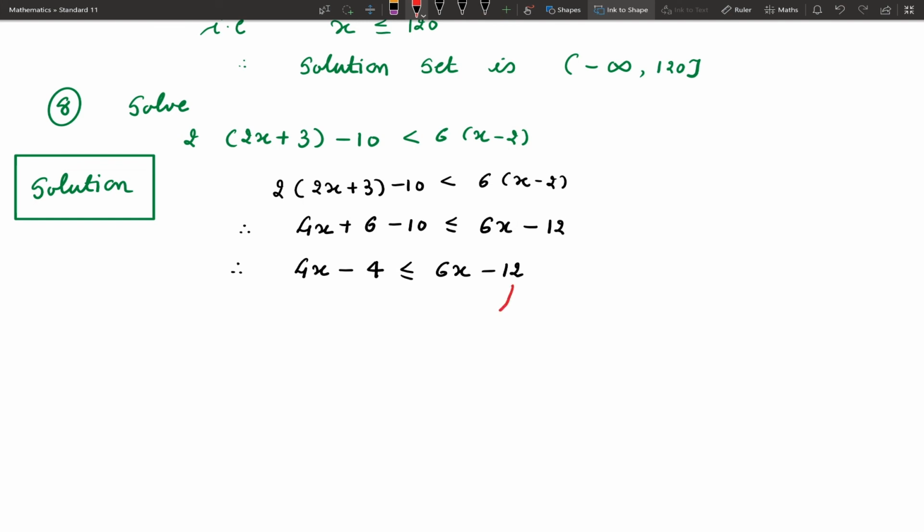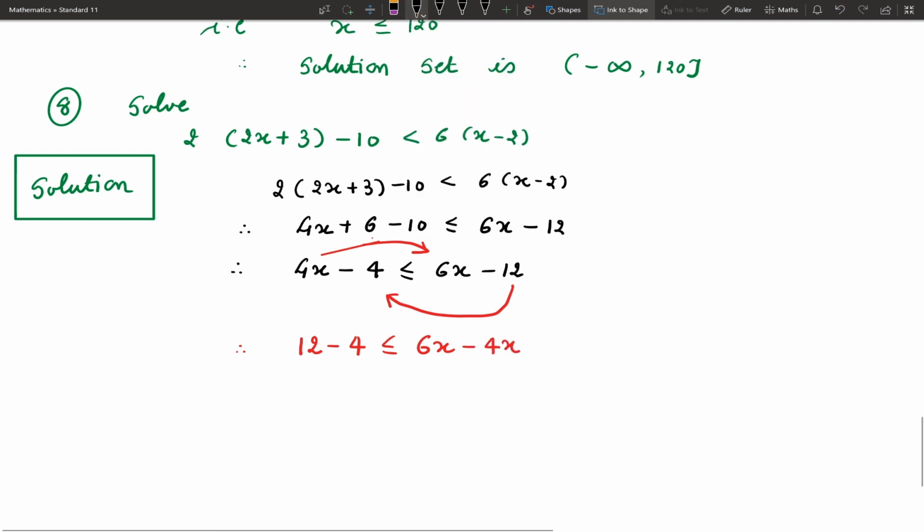Now we transfer minus 12 to this side, so it will be a plus 12, and when we transfer plus 4x to the right hand side, it will change the sign, so it will become minus. So minus 12 on the left hand side, so plus 12 minus 4, therefore 12 minus 4, 6x and transfer plus 4x to the right hand side, so it will become minus.